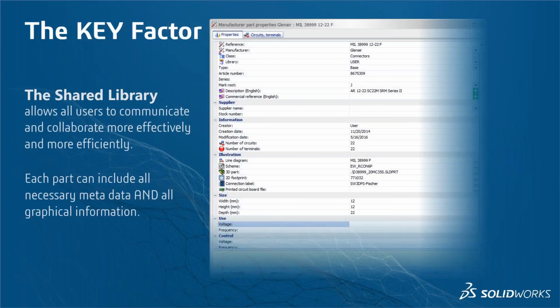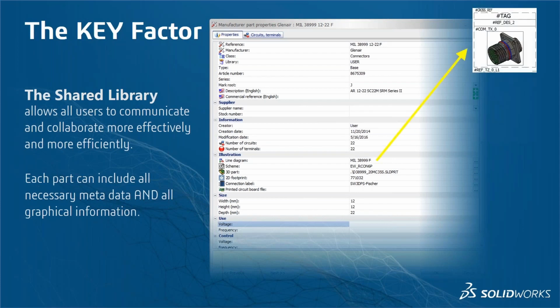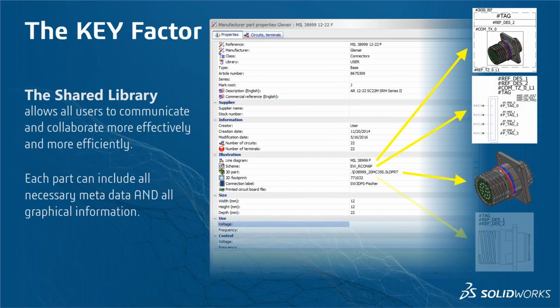The major piece, or the key factor, as I like to call it, of SOLIDWORKS Electrical is our shared library. This particular window that we see here is one manufacturer part. Inside of this manufacturer part, there's a lot of different information that we can collaborate with, not just our schematic itself, but other pieces of information such as our line diagram, the detailed schematic symbol, the 3D model, or even a 2D footprint.